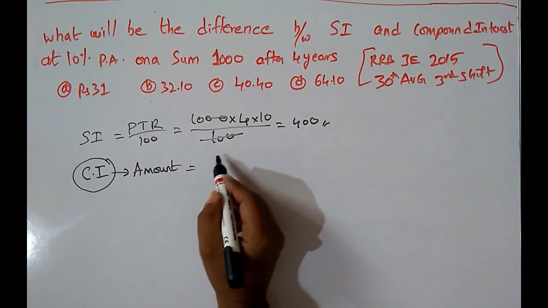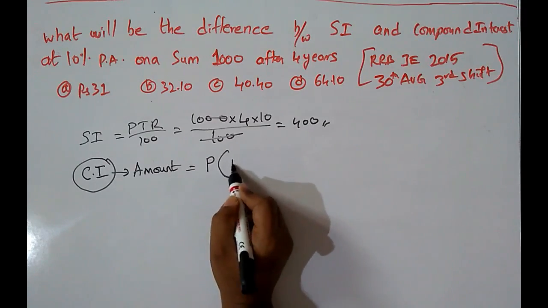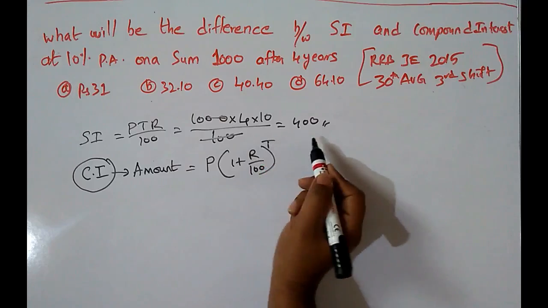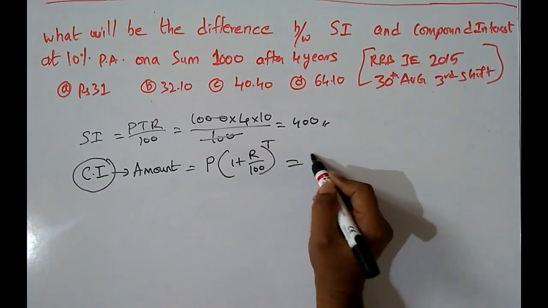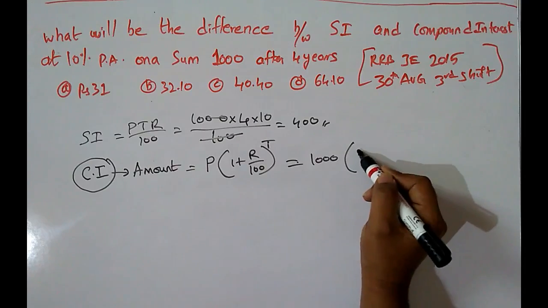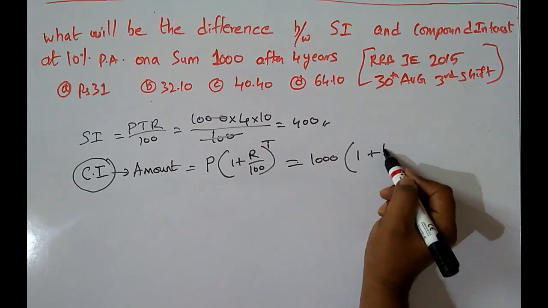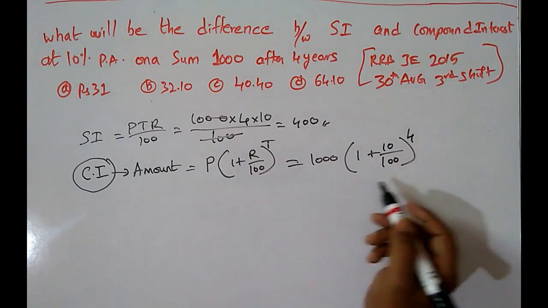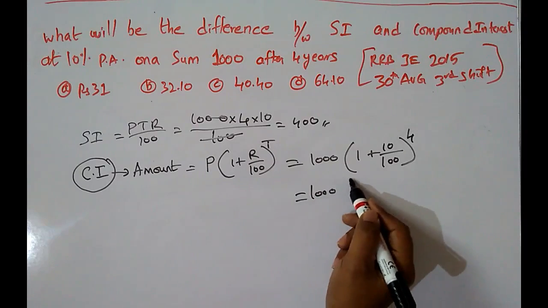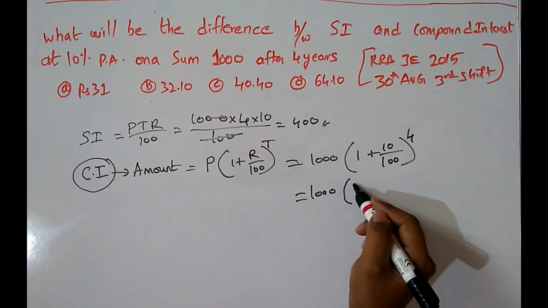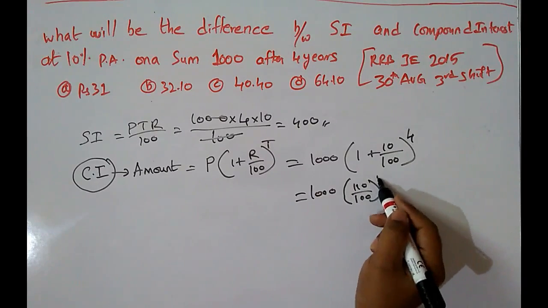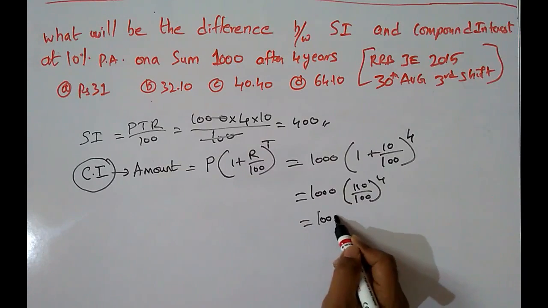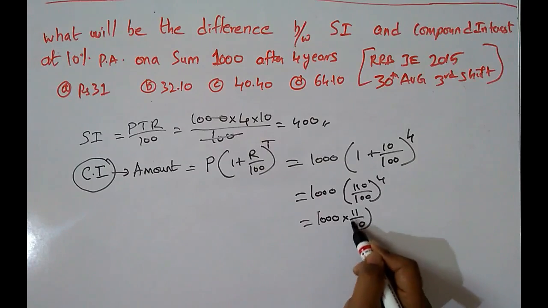Compounded amount is given by P into (1 plus R by 100) whole power T. So the principal is 1000 and 1 plus R, that is 10% divided by 100, to the power of 4, which is 1000 into (110 by 100) whole power 4, which is 1000 into (11 by 10) whole power 4.